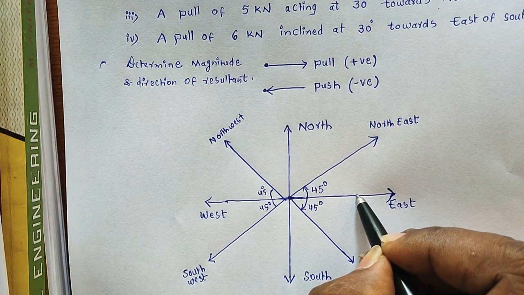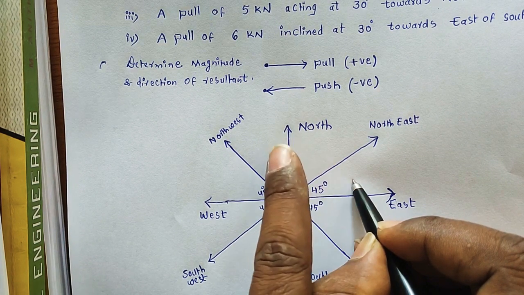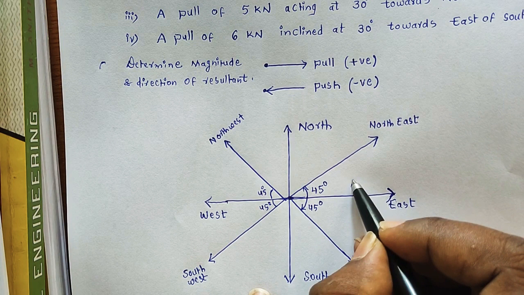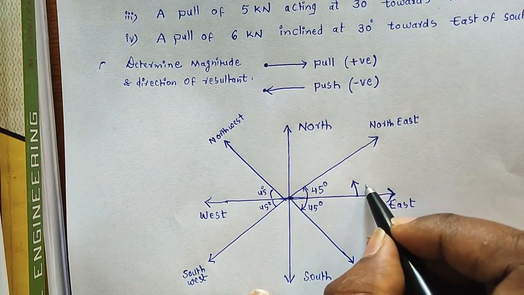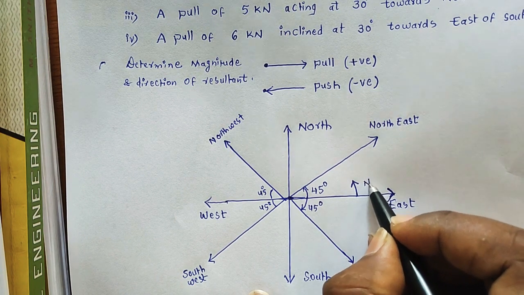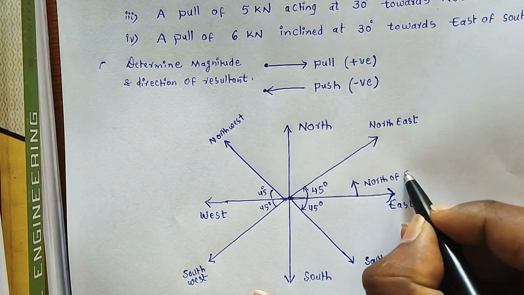From east to this direction is north. So from east to north, if you move, then it is called north of east.